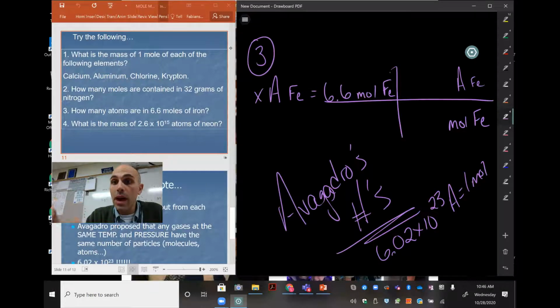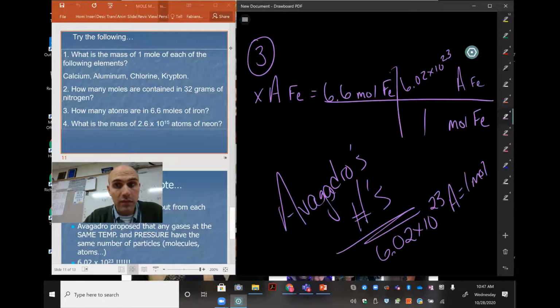If we're talking about iron, 6.02 times 10 to the 23rd atoms of iron are in 1 mole. If we're talking about carbon, 6.02 times 10 to the 23rd atoms of carbon are in 1 mole of carbon. If we're talking about mercury, 6.02 times 10 to the 23rd atoms of mercury are in 1 mole of mercury.